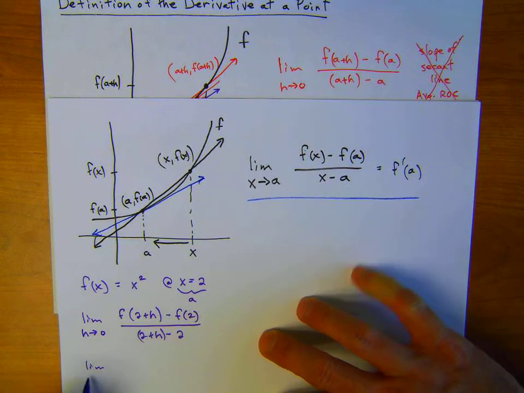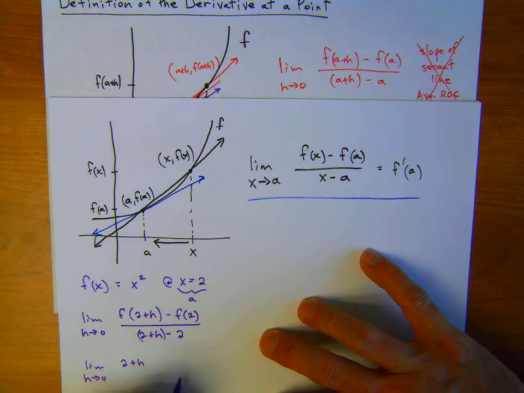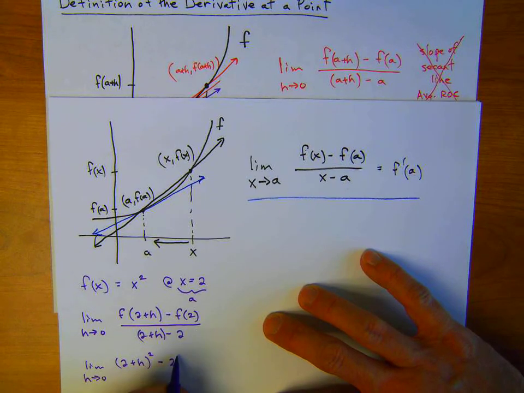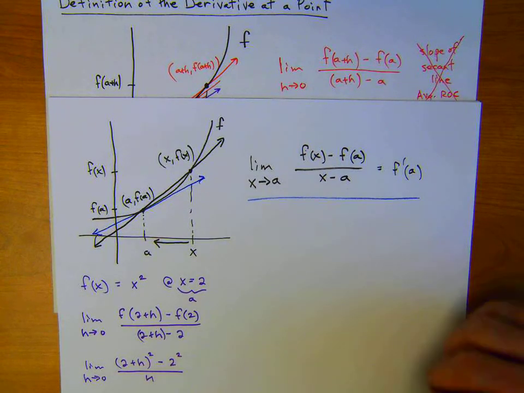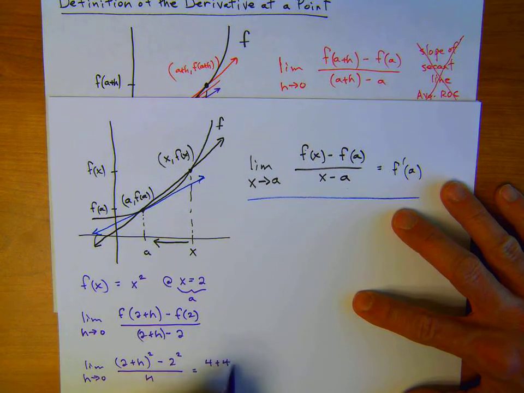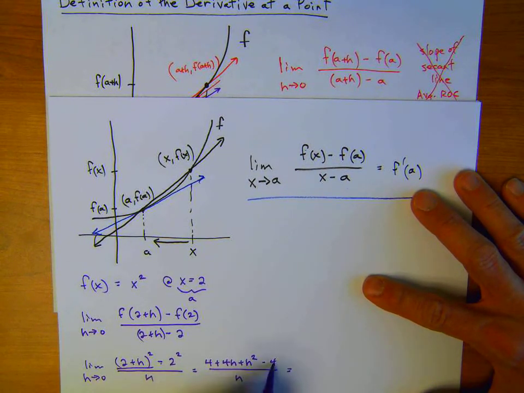So we take the limit as h goes to 0 of 2 plus h squared, minus f of 2, which is 2 squared, over 2 plus h minus 2, which just leaves us with h. Now let's expand this out and see if we can simplify a little bit. This is 4 plus 4h plus h squared, minus 2 squared, which is 4, over h. Continuing, 4 minus 4 gives me 0.